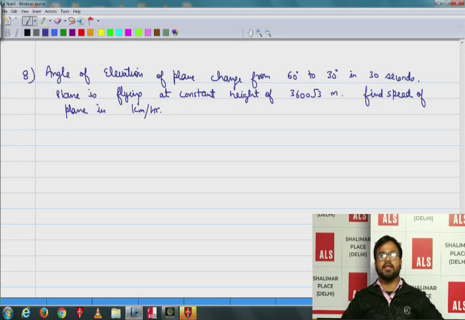So the plane is flying at a constant height of 3600 root 3 meter, and the angle of elevation changes from 60 to 30 in 30 seconds. So you have to find the speed of the plane in kilometer per hour.